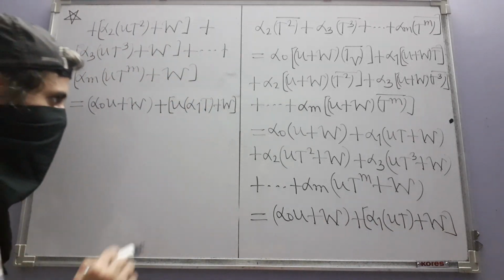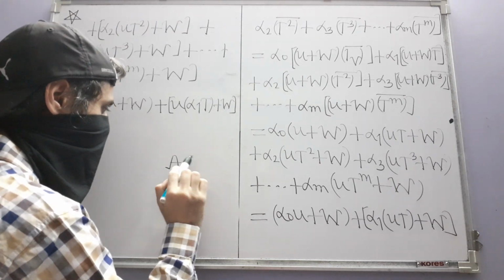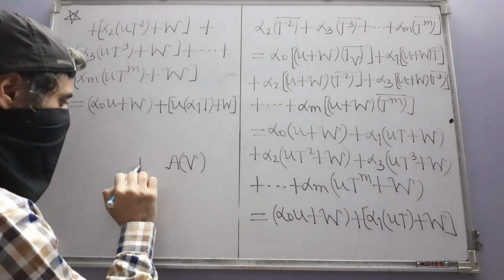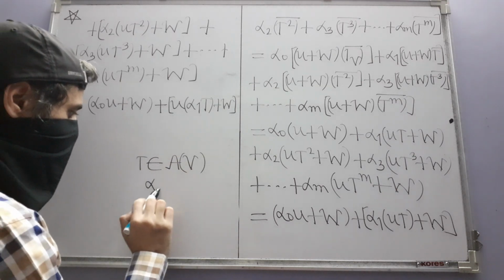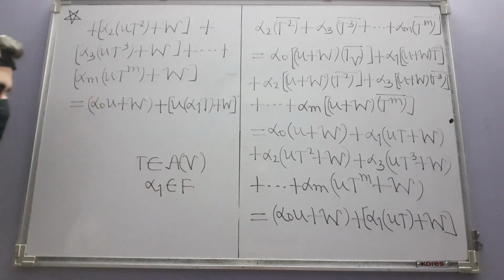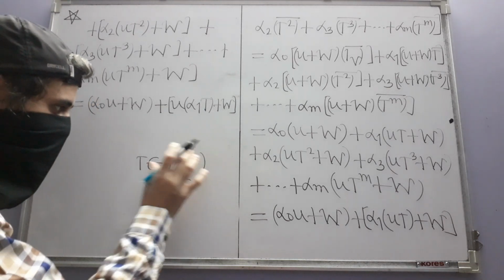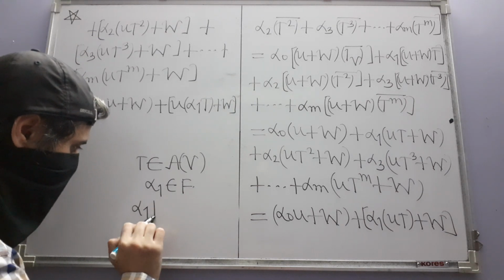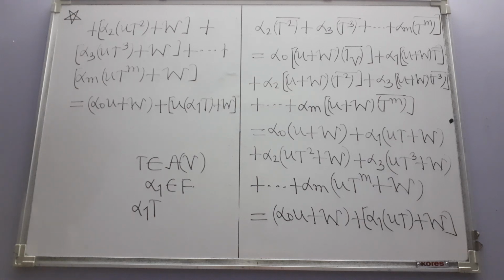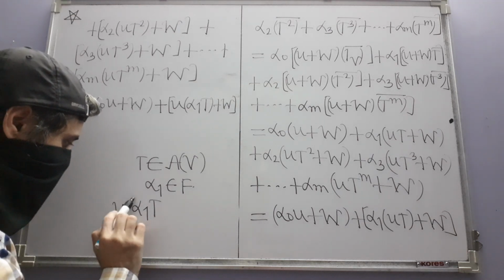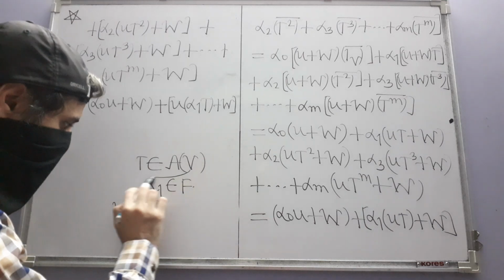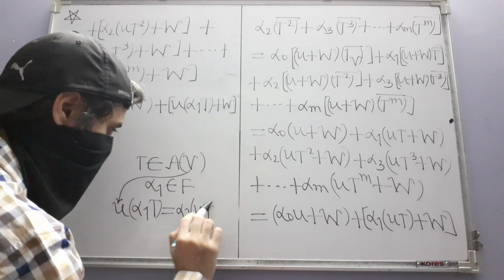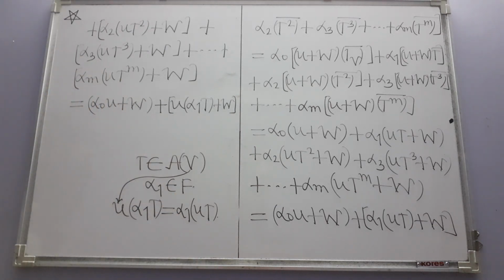It's because in the algebra AV, you take any element in AV, say you take t, and you take a scalar. There is a scalar multiplication because this being an algebra is after all also a vector space. Now you recall the definition of alpha 1 t. If you apply alpha 1 t on a vector coming from V, then by definition that is alpha 1 times ut. That's why we are able to write like that.